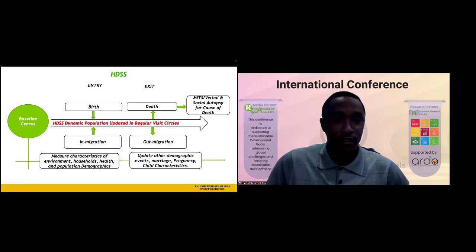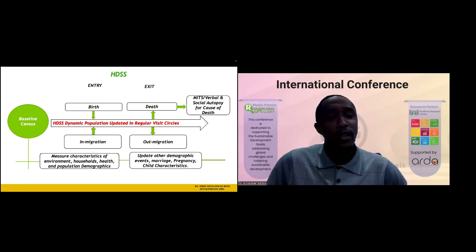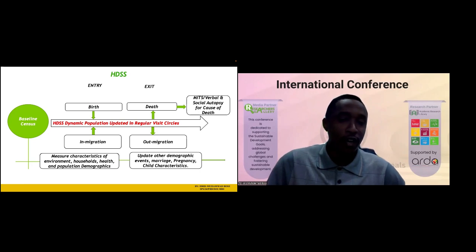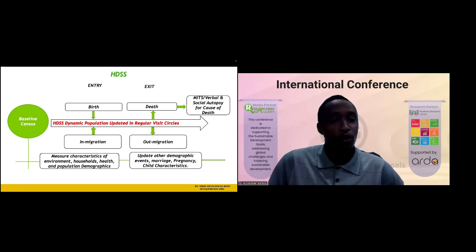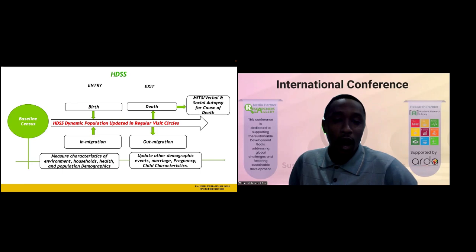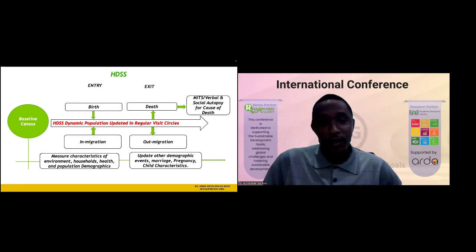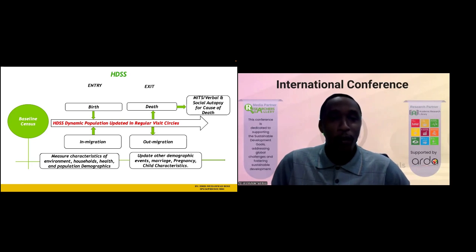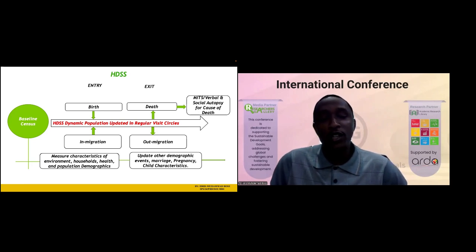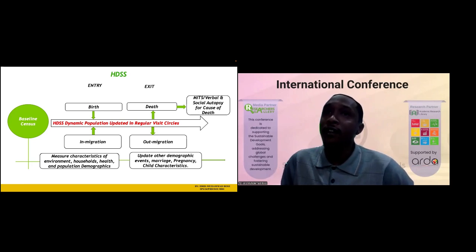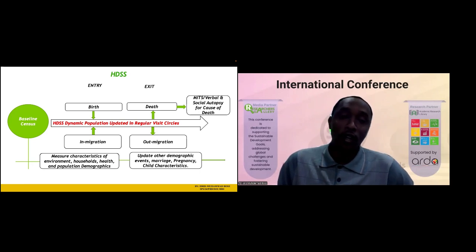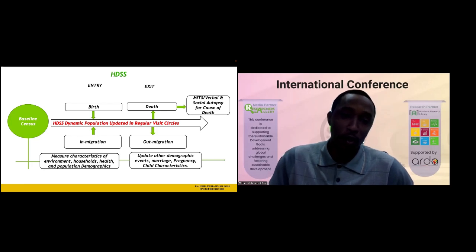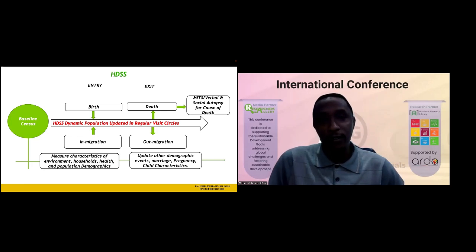What is normally measured are the characteristics of the environment, the household health, and population demographics. Then in subsequent rounds and follow-up, the HDSS dynamic population is updated in regular visit cycles depending on the planning. Some do it on a quarterly basis, some every 6 months, some yearly.